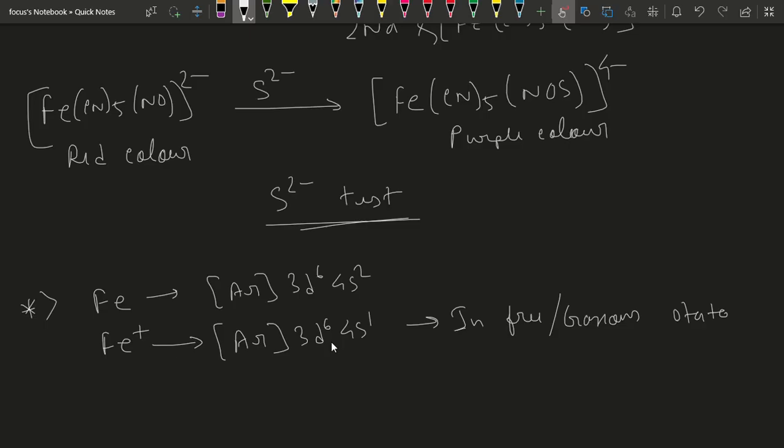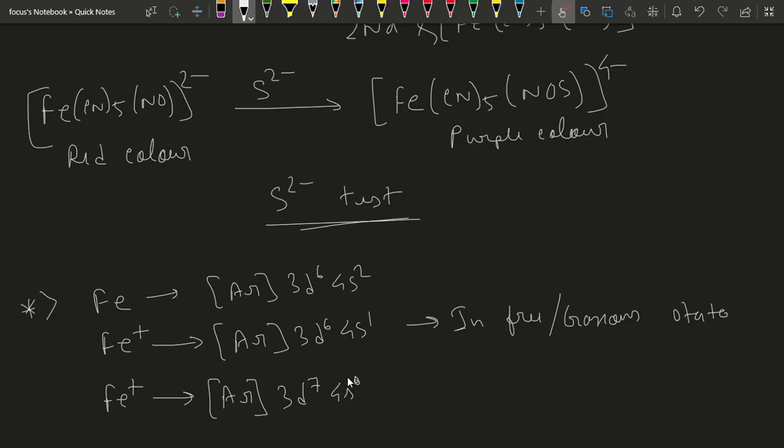But whenever it is present in complex form, the electronic configuration will be this, and it is happening because of the splitting of d orbitals. As we all know, in the presence of a ligand field, the d orbital of a transition metal atom splits into two parts. So the electrons will fill according to the energy state.